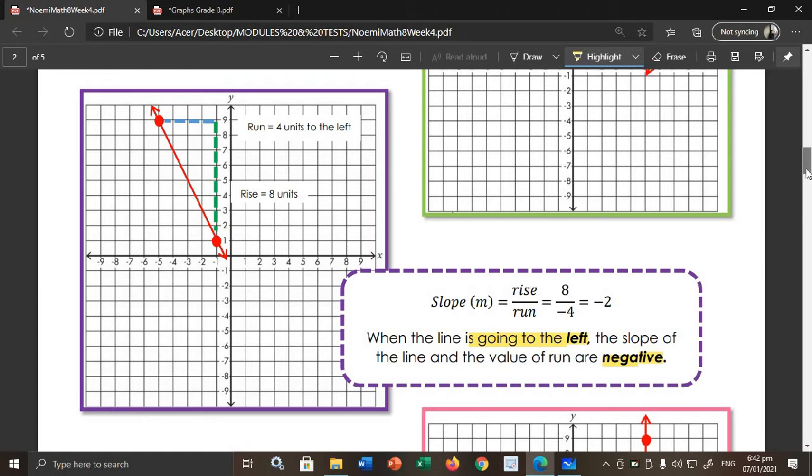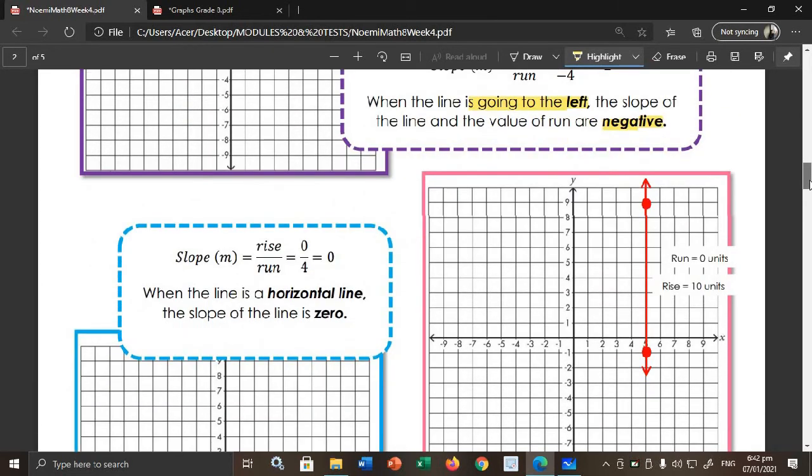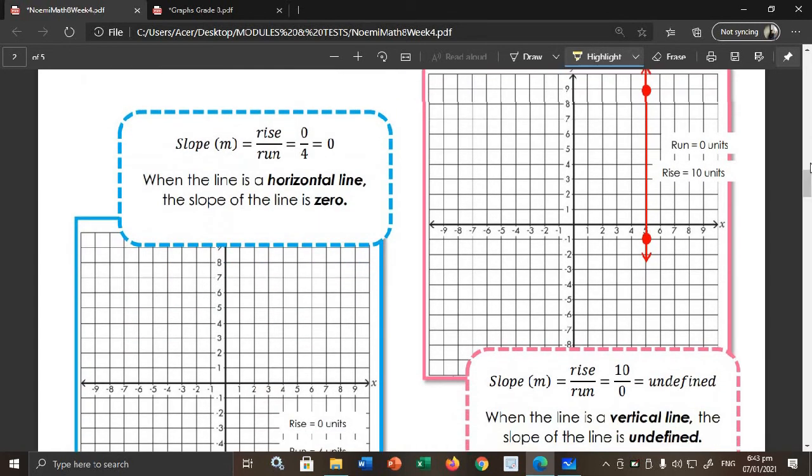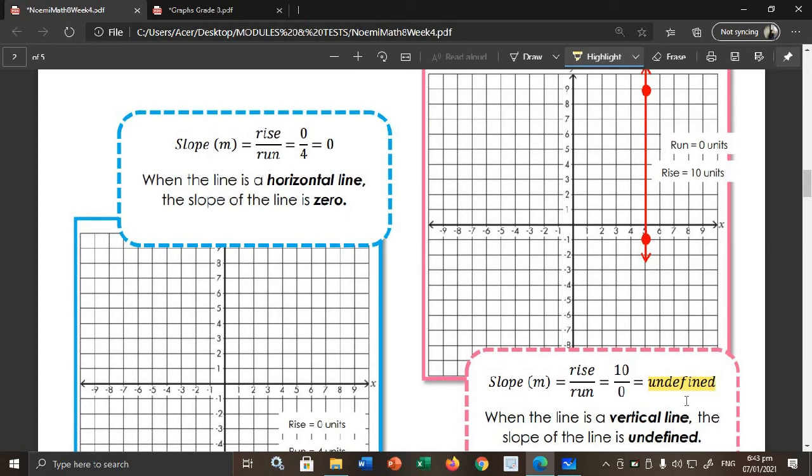Okay? And then, there are some special cases, no, wherein we will get an undefined slope. Paano natin malalaman, paano tayo makakakuha ng undefined na slope? Kapag yung run natin is equivalent siya sa 0.